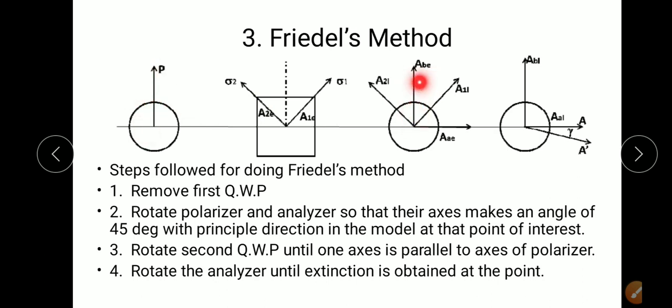This is the axis you have to reach. Then rotate the analyzer until extinction is obtained at the point. You can see the angle γ here, so rotate the analyzer until it reaches A dash, where the extinction appears, then stop the rotation. Like that you get the calibration in Friedel's method.